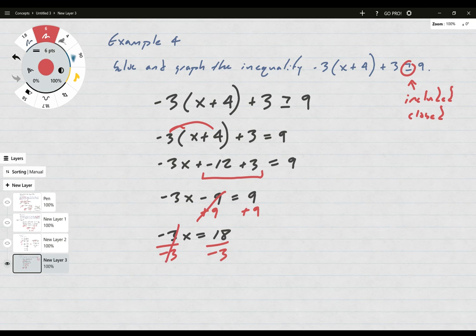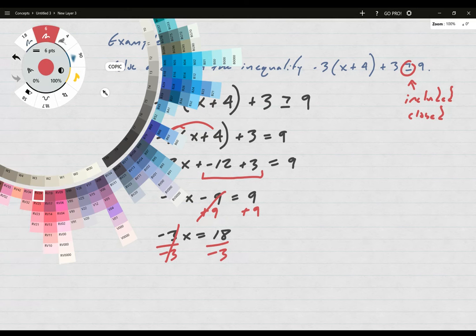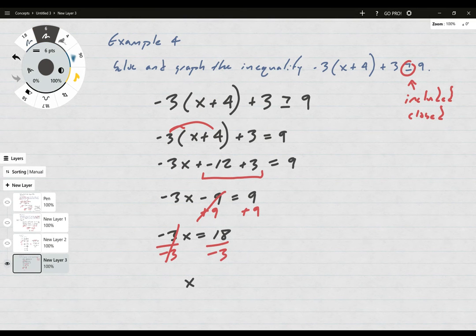This equals 1, so that cancels out. So now all I have left is x equals negative 6. It's negative 6 because a positive divided by a negative is a negative.